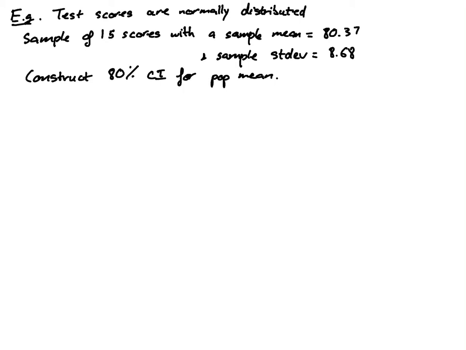Let's call test score X, okay? So then we know that we have a sample of 15, right? With a mean of 80.37 and a sample standard deviation of 8.68.